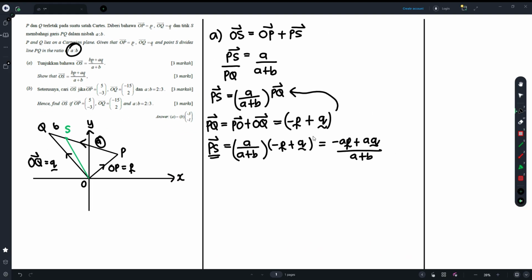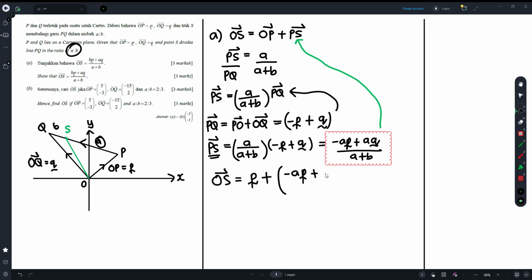As a continuation, I'm going to take this entire thing and substitute it into this particular position. So my equation is vector OS equivalent to OP, which is vector P, plus negative AP plus AQ over A plus B in bracket.